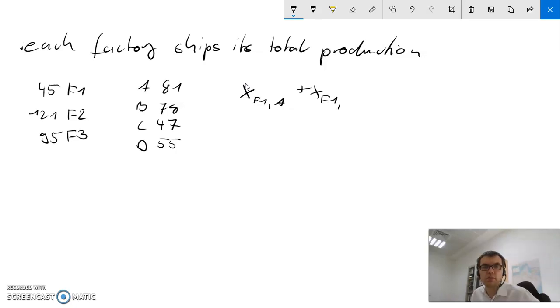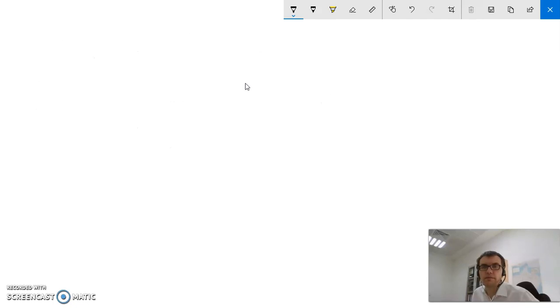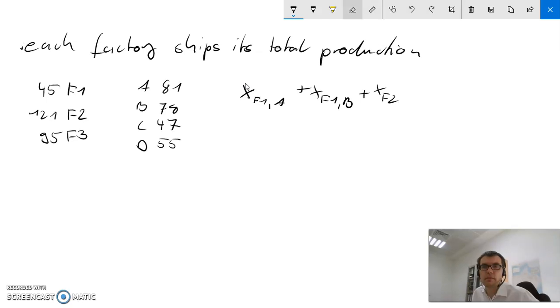The decision variable for the delivery from factory 1 to A plus F1 to B plus F1 to C plus XF1 to D, and this is everything that is going out of factory F1 towards the customers, and this needs to be equal to 45 because 45 cases are produced in factory F1 and everything needs to go outside of this factory.